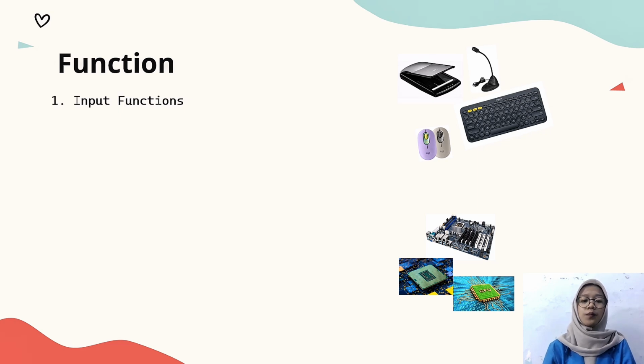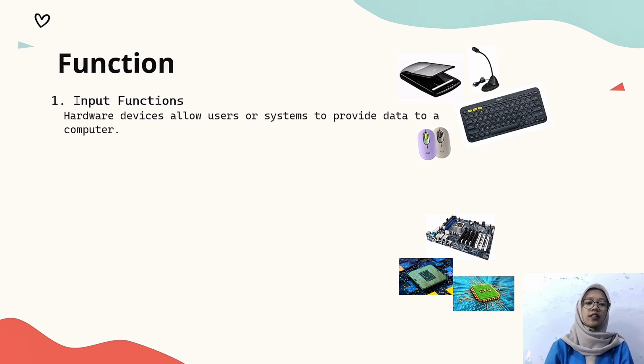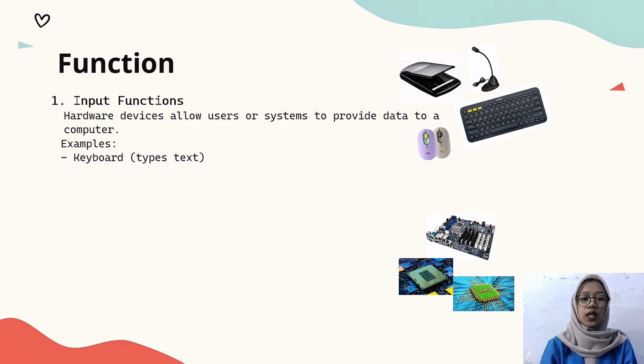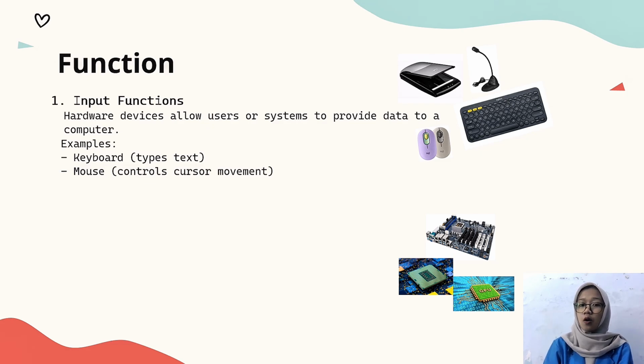The first is input functions. Hardware devices allow users or systems to provide data to a computer. Examples are keyboard. We usually input text by typing with a keyboard. And there is a mouse. Some people use a mouse for controlling cursor movement, and some people don't.